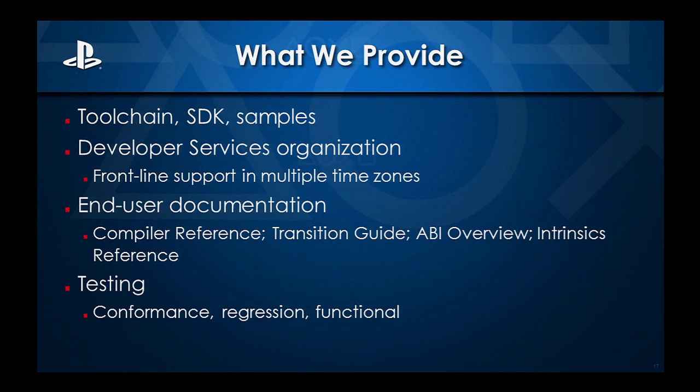Game teams are not interested in upgrading their tools very frequently, so we do a lot of testing beyond what happens upstream. We have, as I said, 2 different conformance test suites. We have our own internal regression tests, and of course, functional tests for anything that we've done.